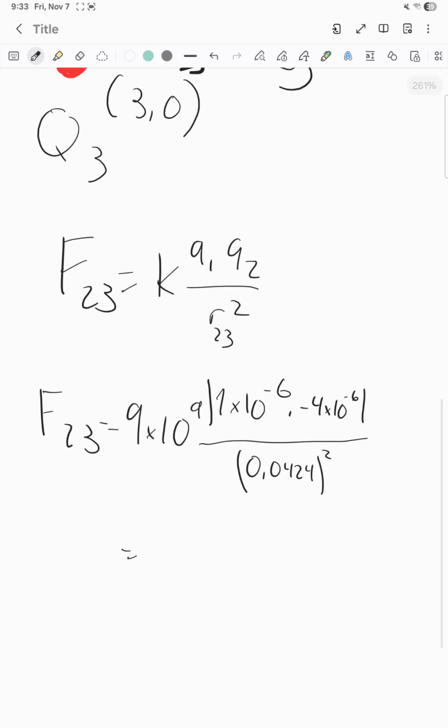It'll be 10 to the negative 6 times 4 times 10 to the negative 6, and you'll get 4 times 10 to the negative 12, and then times 9 times 10 to the 9th.